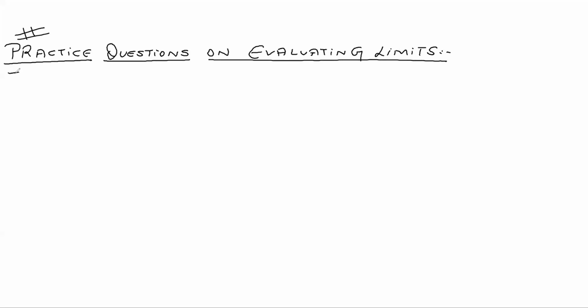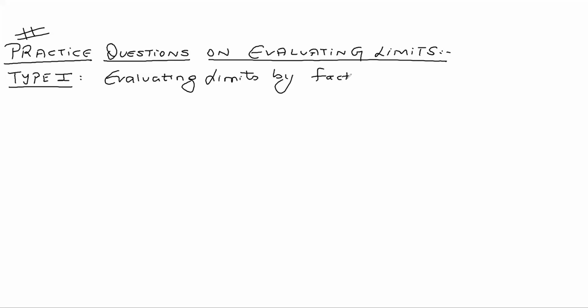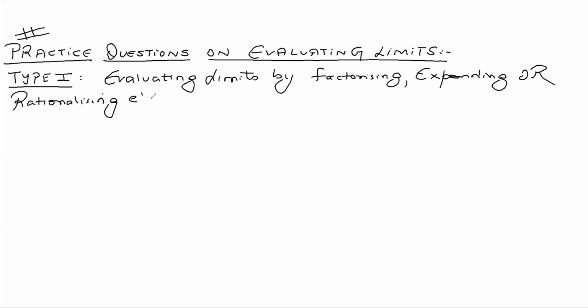So guys, within this type 1, evaluating limits by the process of factorizing, expanding, or rationalizing. I hope all students are familiar with these methods which you have learned in high school. You know how to factorize, you know how to expand using identities, you know how to rationalize. So let's look at some of the practice questions based on type 1.